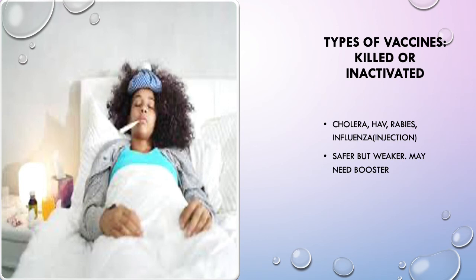So that's how it triggers our protective response. It's safer than a live vaccine, but it's weaker, and we may need a booster. And this one works mainly with a humoral response.